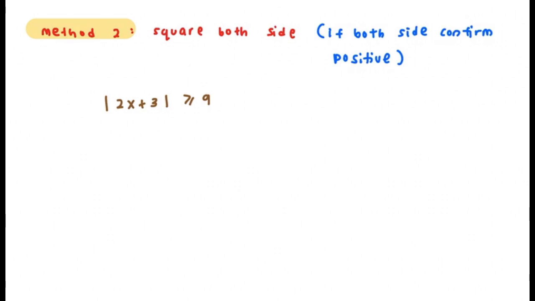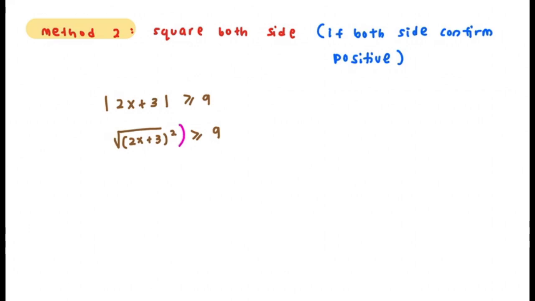So how to use the square both sides method? Change this first to the definition of square root of a square. So |2x + 3| you can write in the form of the square root of (2x + 3)² ≥ 9.